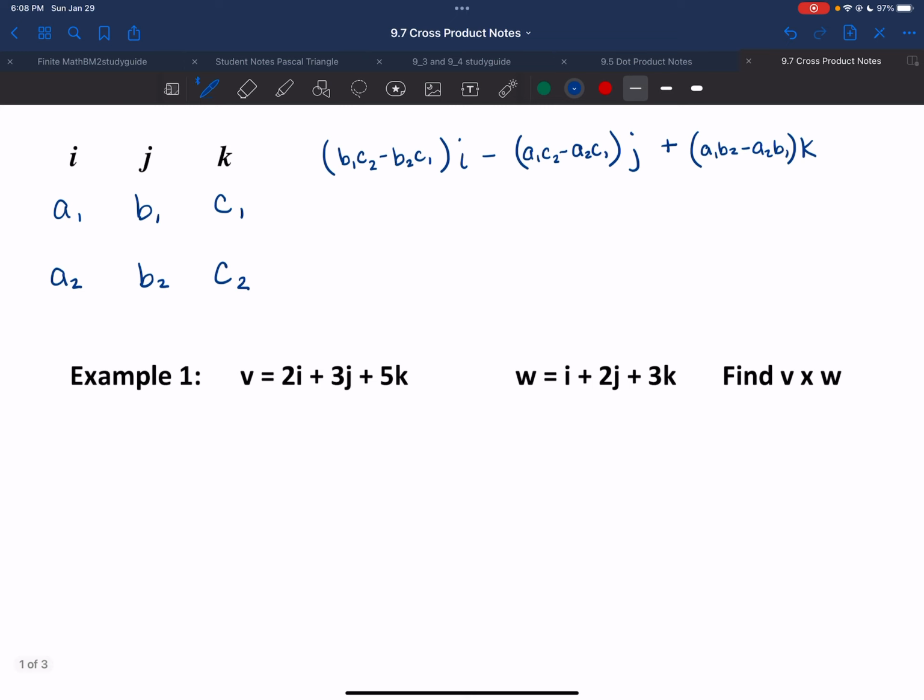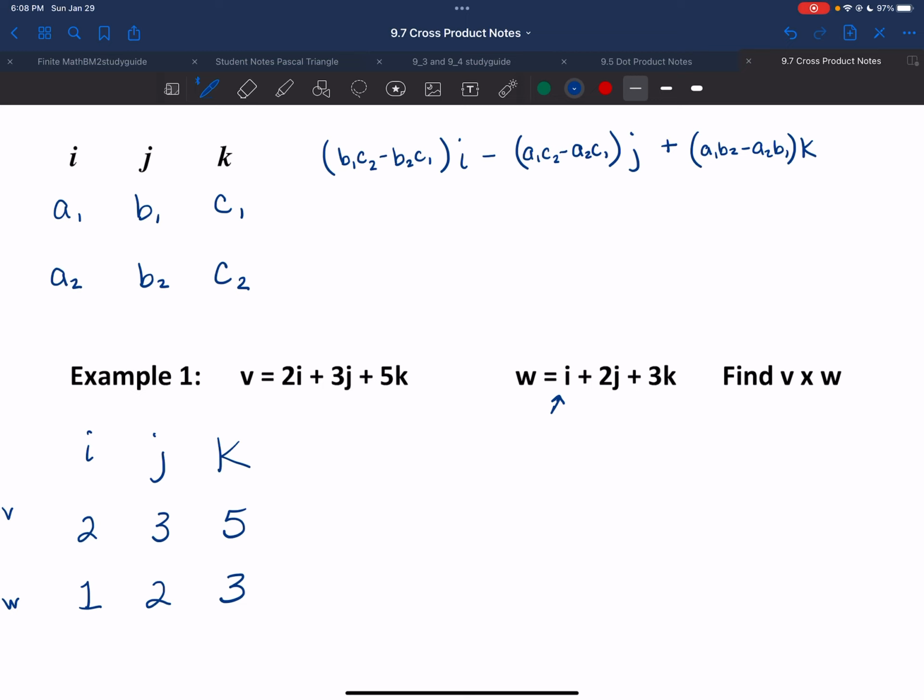So I'm going to write i, j, and k. First I have vector V. That vector V is going to have 2 as my i, 3 as my j, and 5 as my k. Vector W has a 1 as my i, because there's nothing there, it's just 1. It has a 2 as my j and a 3 as my k.